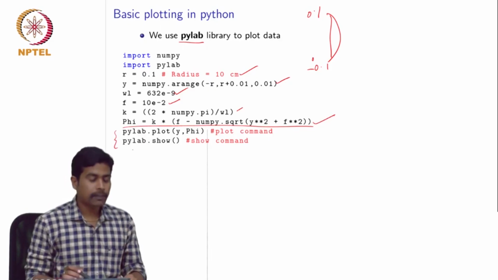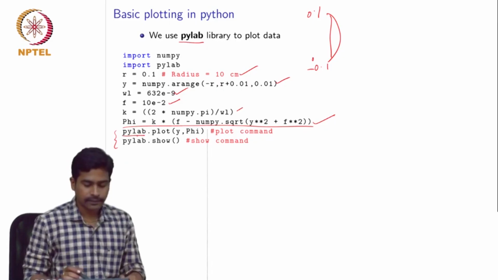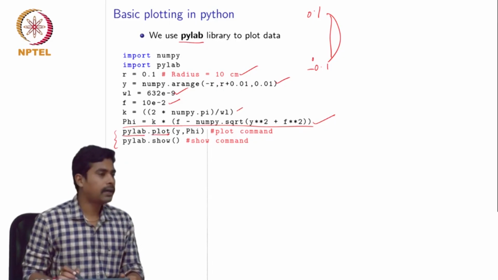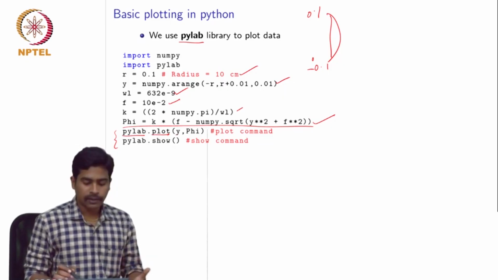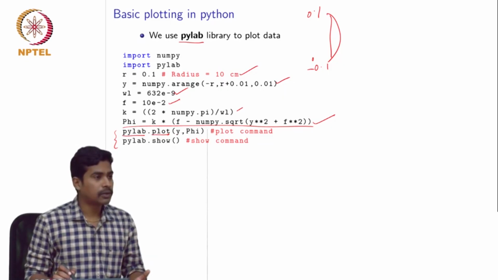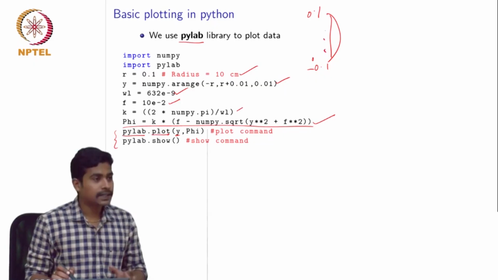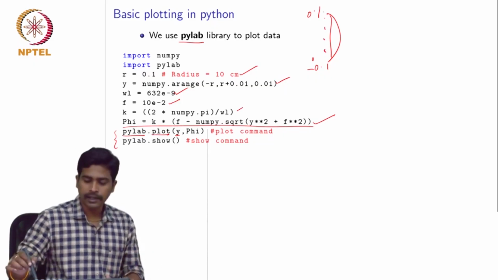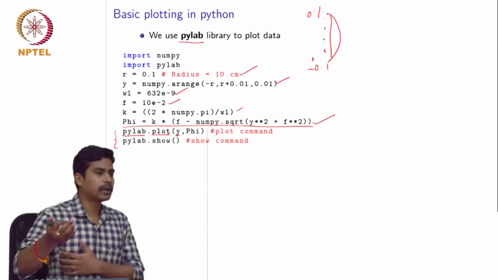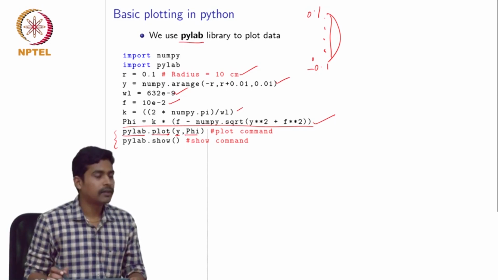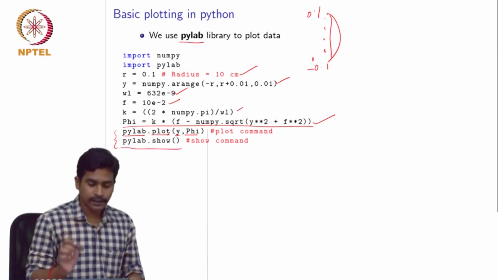And these are the two main commands that we use to plot this data. Okay, so pylab is the package that we are using, and plot is the command that will plot the data. And for the plot command, we have to give both the x and y coordinates. Here the x coordinate is actually y, because these are the values against which we want to calculate the phase of the lens, and the y values are going to be the phase at that particular location.